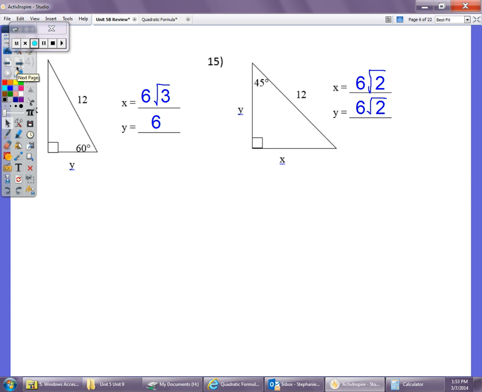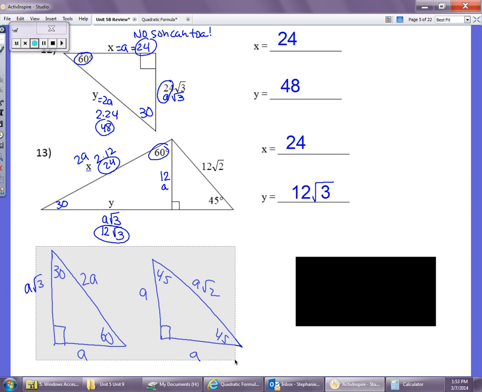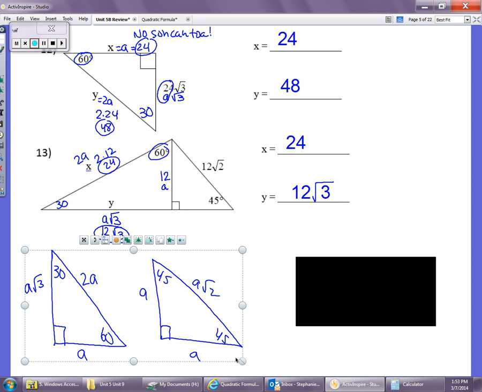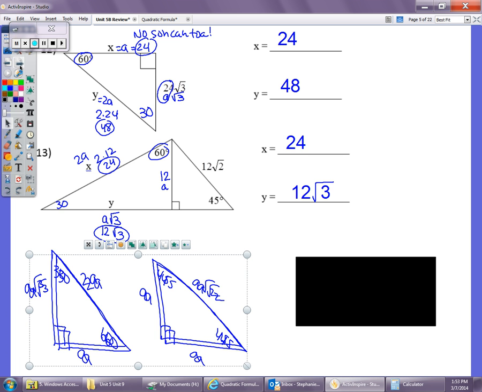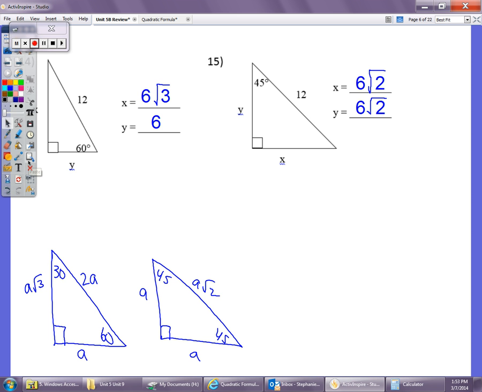Alright, again, memorize your rules. Okay, I'm going to see if I can just highlight this section so I don't have to keep writing it. Alright, good. So now we see that this is a 30, 60, 90.